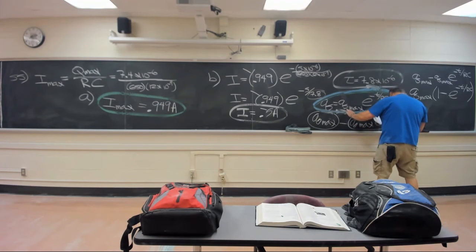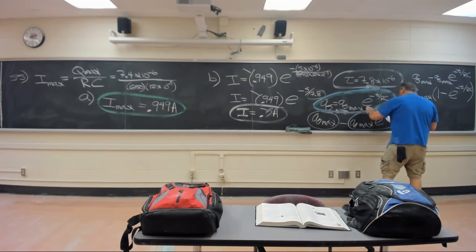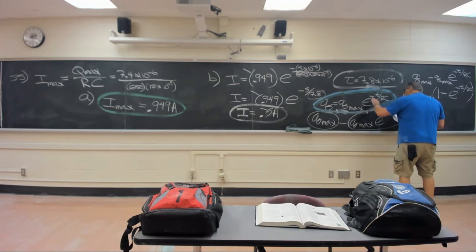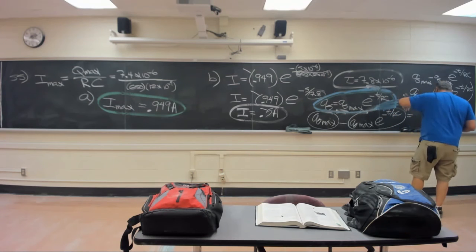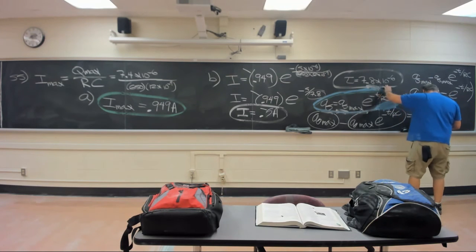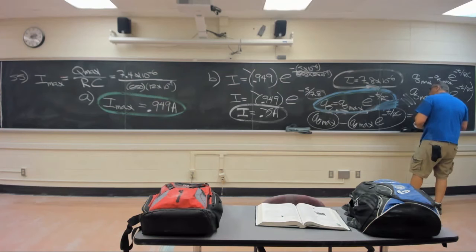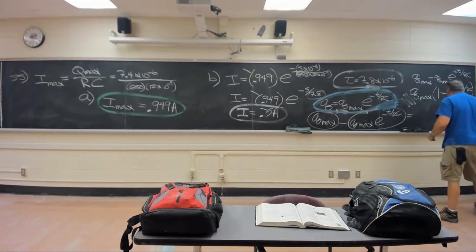Charge max was 7.4 microcoulombs. That's e to the negative, 5 microseconds over 7.8 microseconds. You get the answer. It's going to give you 3.9 microcoulombs.